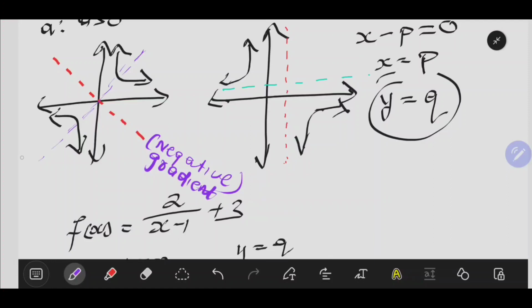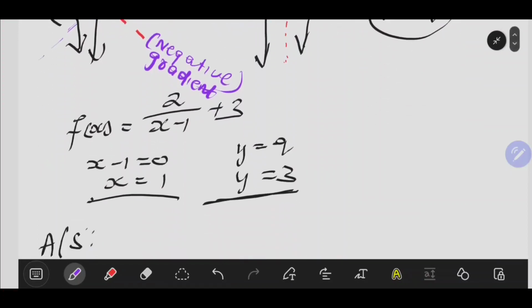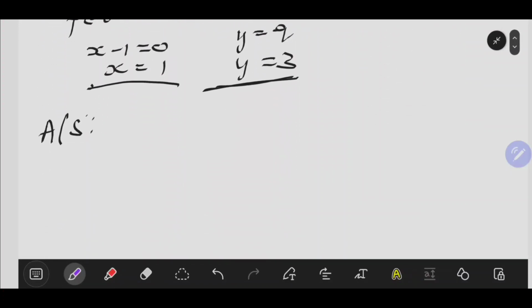But the gradient of this purple line, observing it from the left towards the right, you can see that we are having a positive gradient here. So we can divide this hyperbola graph into two equal parts by using a negative gradient or a positive gradient.